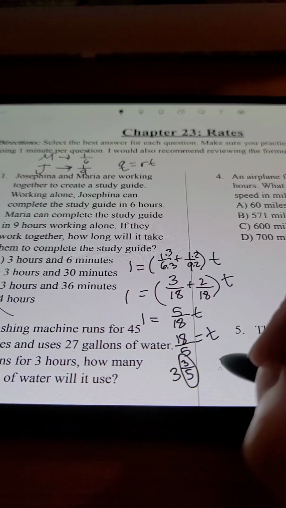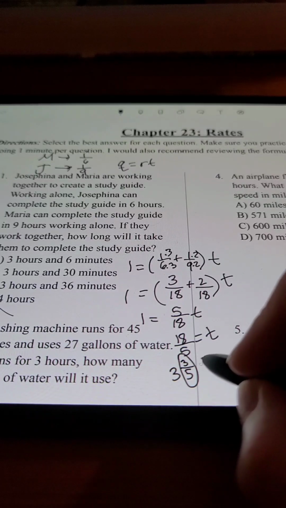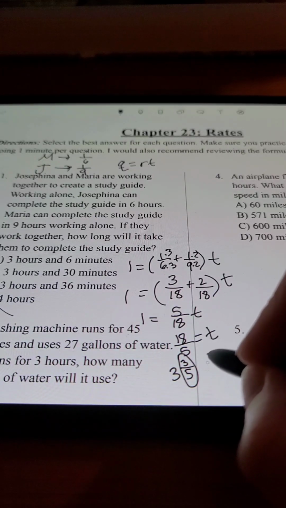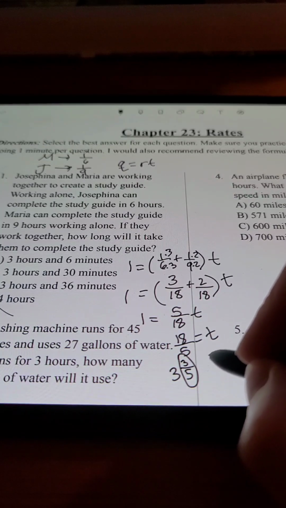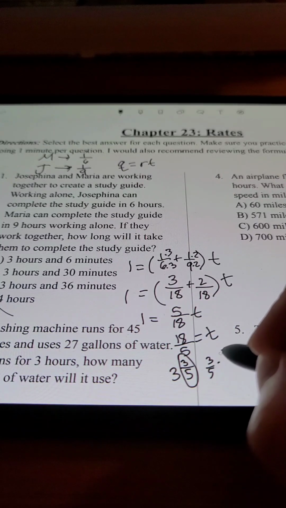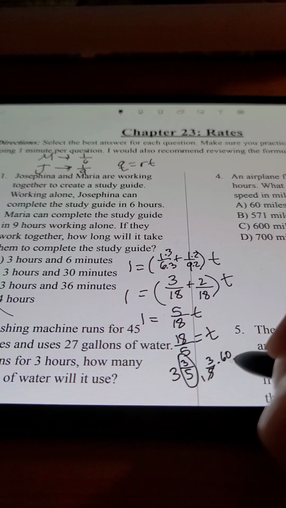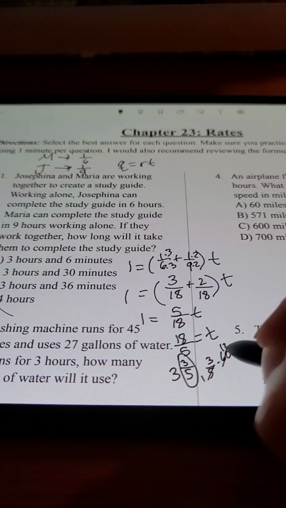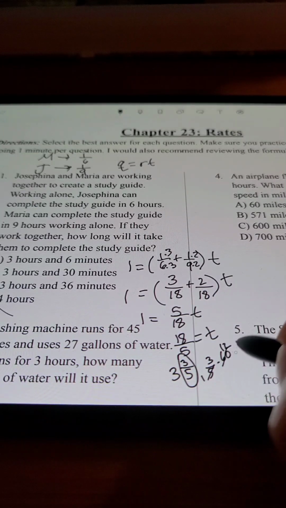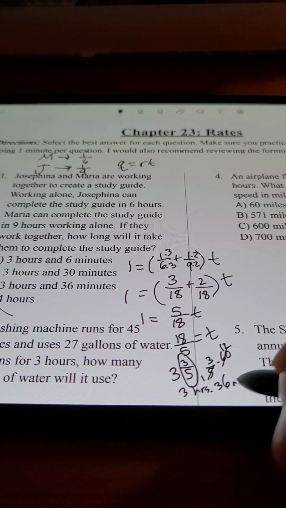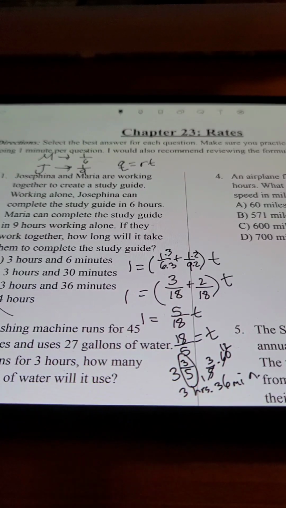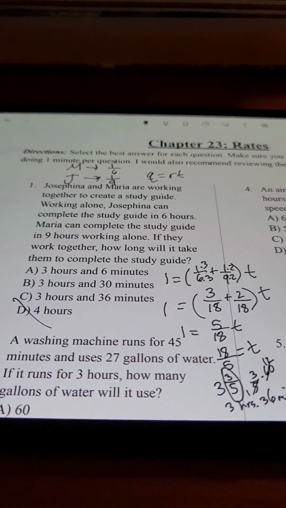So 3/5 of an hour means I'm taking 3/5 of 60 minutes is how I could think about that. So I could say I'm doing 3/5 times 60. Well, 5 goes into 5 once. It goes into 60 12 times. 3 times 12 is 36. So it's really 3 hours and 36 minutes. So the answer would be C.